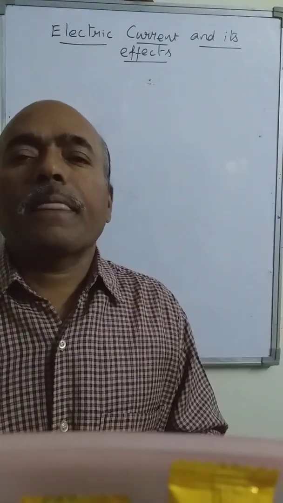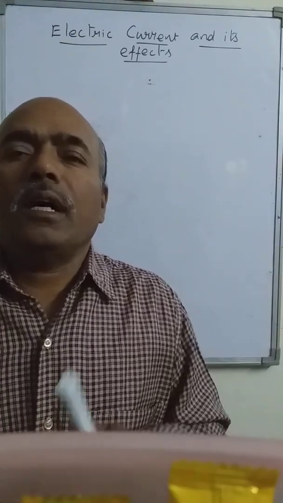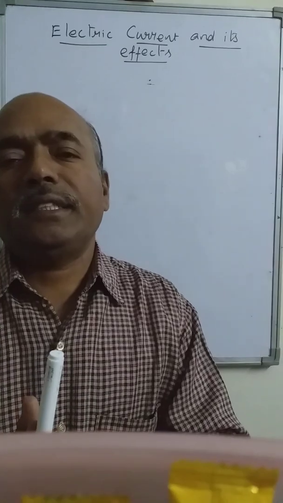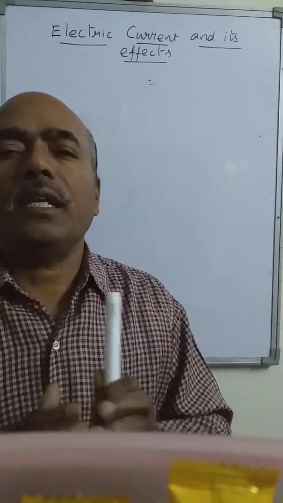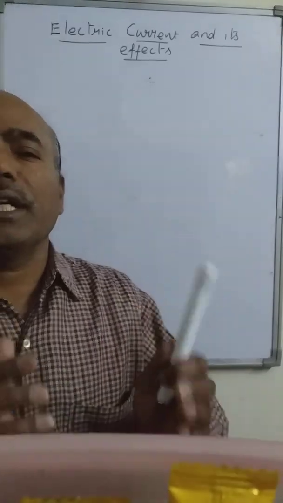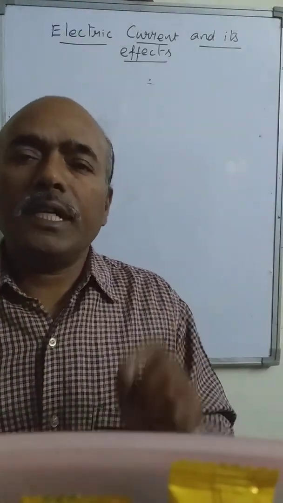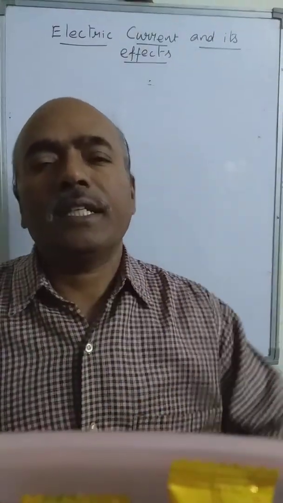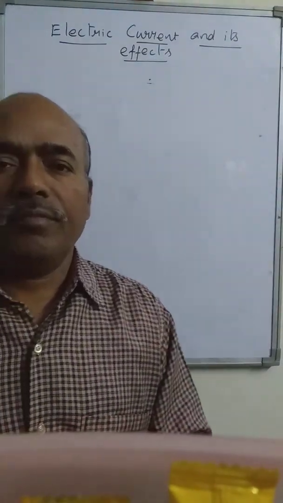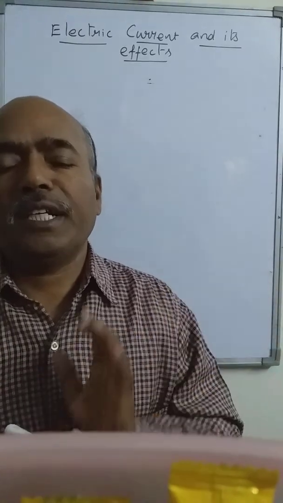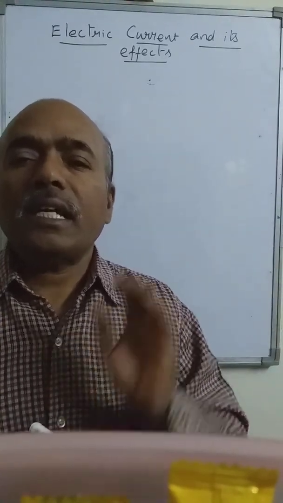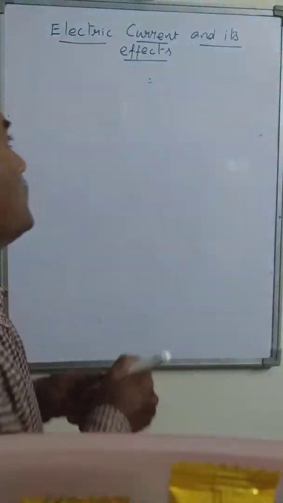Now we must know how this electric current is able to flow, how these charges are able to flow through a conductor. For that, we need a source of electric current. The cause due to which the electric current flows through the conductor is the source of electric current.